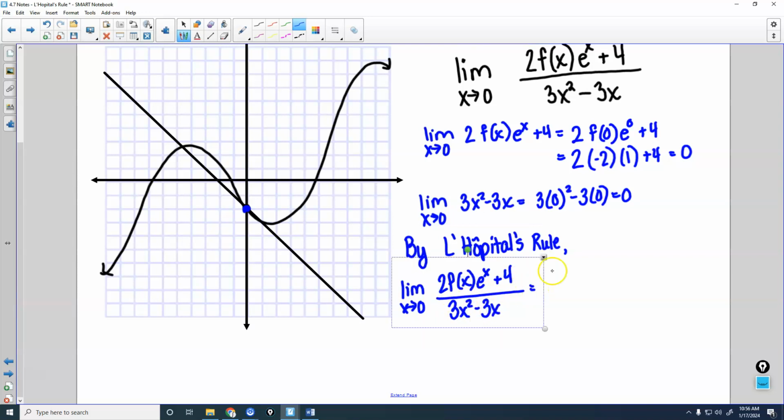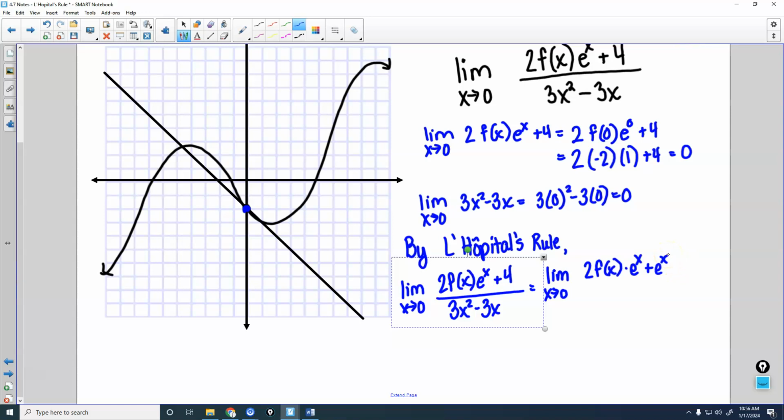going to equal, we're going to take our derivative. So we'll have the limit as x approaches 0 of, what do we have to use to take the derivative of 2f(x) times e^x? Product rule. So you're going to have 2f(x) times the derivative of e^x, which is e^x, plus e^x times the derivative of 2f(x).